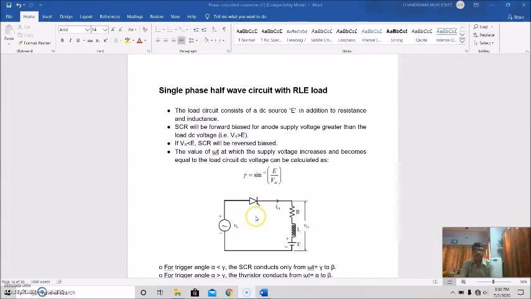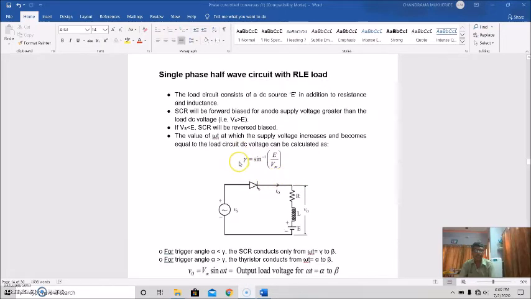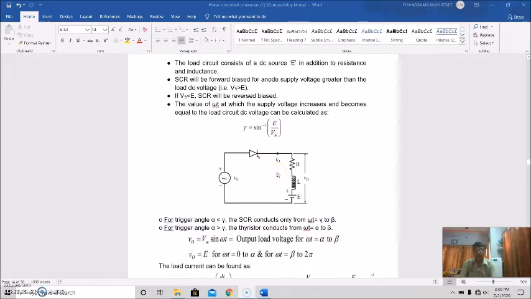Okay, and V is equal to Vm sin omega t, so omega t at which the supply voltage increases and becomes equal to the load circuit DC voltage can be calculated as this angle gamma, equal to sin inverse E by Vm.